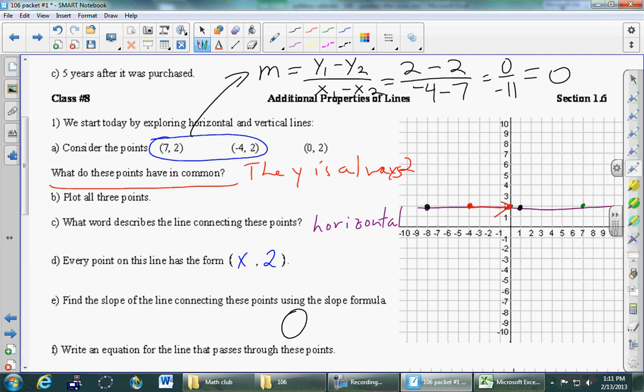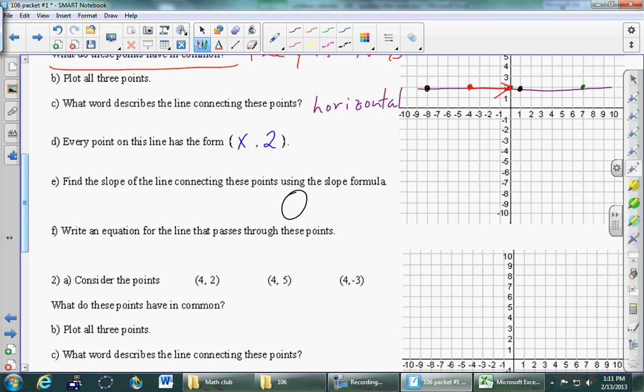Let's come down here to F. It says write an equation for the line that passes through these points. I know that we have been using y equals mx plus b, and to be honest, you can continue to use it for this equation, but I'd really rather not. I want us to think of horizontal and, in a minute, vertical lines as just being their own kind of special lines.